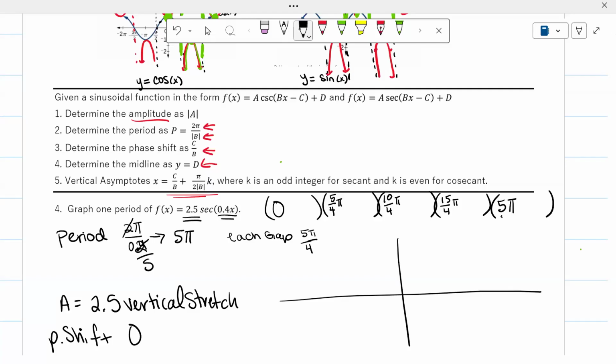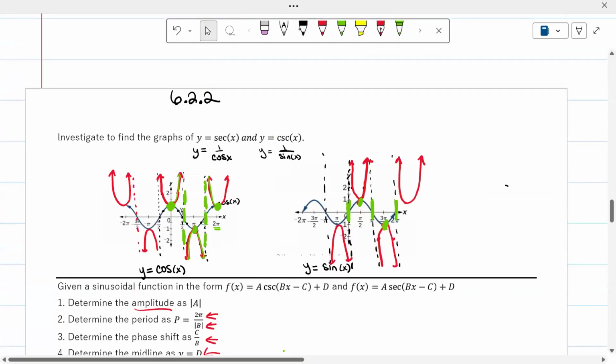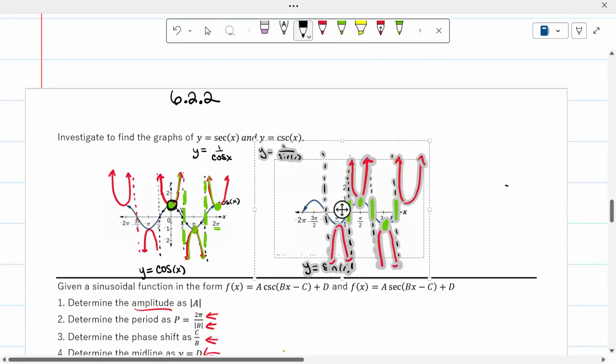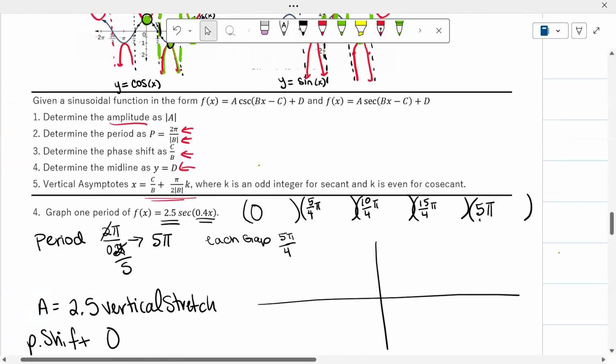Now, when it comes to secant, let's look up here again. We had a minimum of the U, then an asymptote, then a maximum of a U, and then an asymptote. Let's see if we can apply that here.